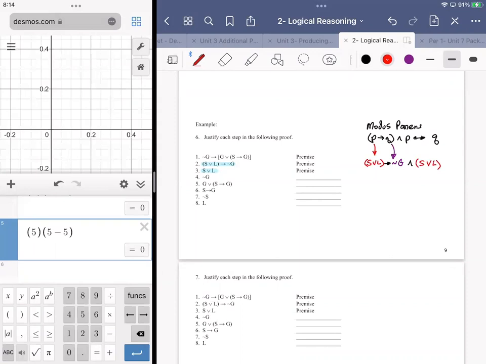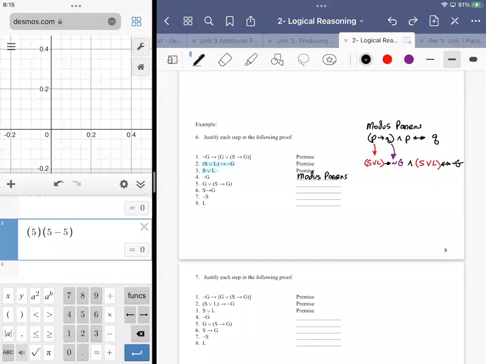We're saying if S or L is true, then so is not G. Well, S or L is true, so therefore so is not G. So that would be a logical conclusion, not G as a result. So that would be my modus ponens. Now you wouldn't have to show any of this work here. I'm just doing that to explain why it all plays out the way it does. But as long as you come up with the modus ponens, you're fine.